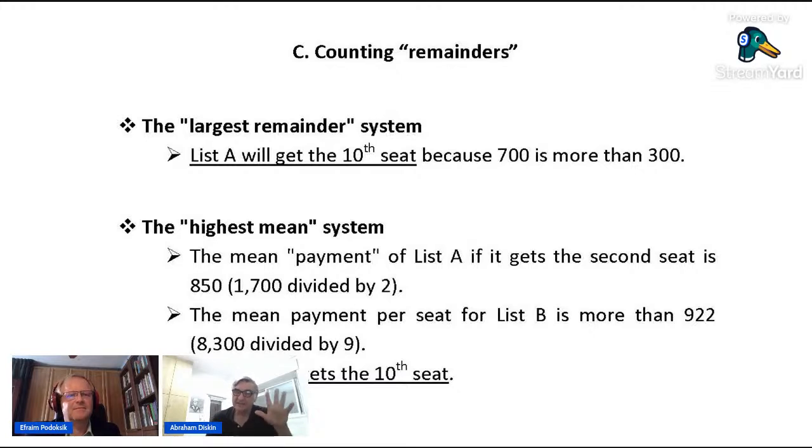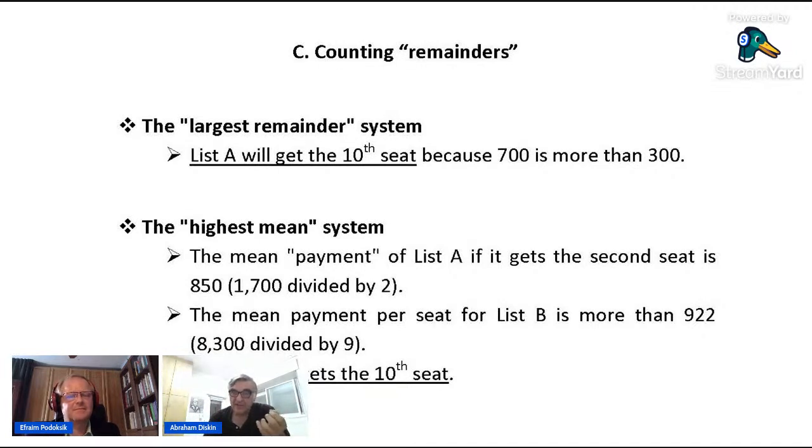So what's that system? The idea is you take the number of seats given to the party. Let's take party A. For sure it deserves to have 1 seat. What's going to be the mean payment of that party per seat if we add 1 seat to it?